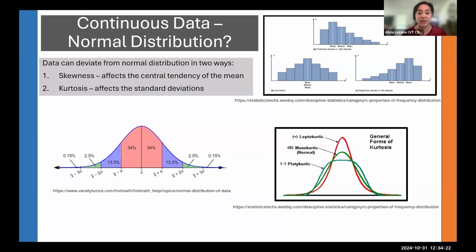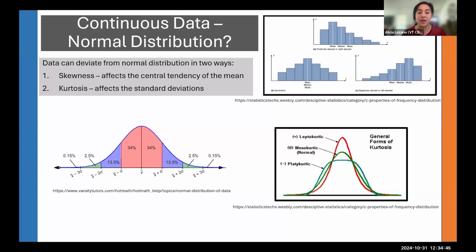And so the percentages under the curve show how data is typically distributed. So about 68% within one standard deviation, 95% within two standard deviations, and 99.7% within three standard deviations of the mean, right? And as I mentioned before, data doesn't always fit a perfect normal distribution.